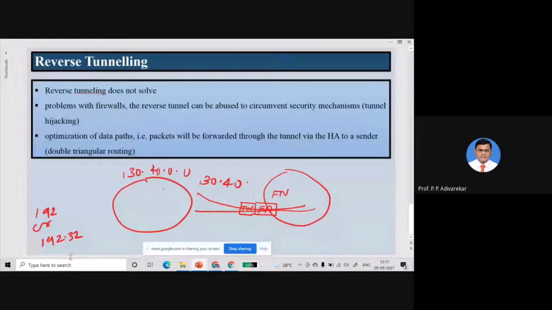Now, why is the firewall implementing these rules? Because it does not consider the presence of the mobile node inside the network. It considers that all nodes present in the network belong to the same subnet.